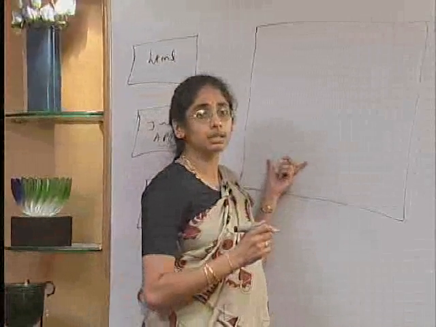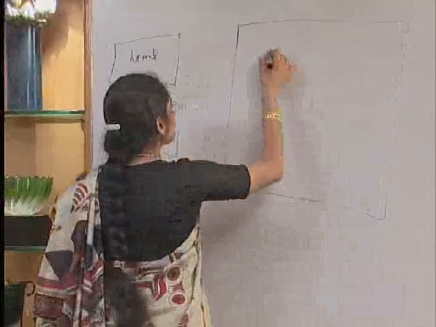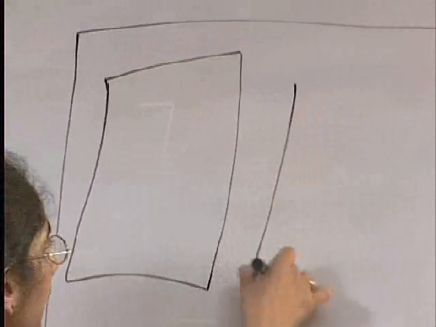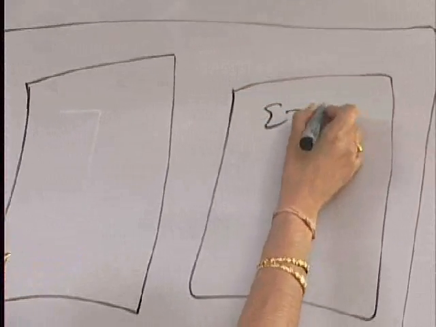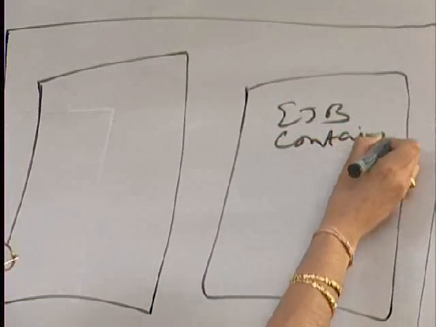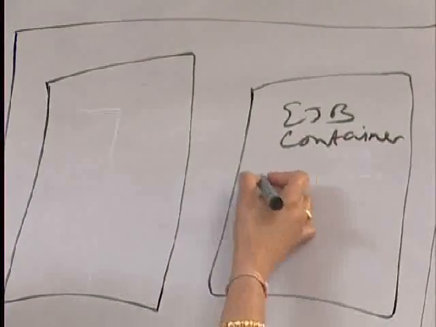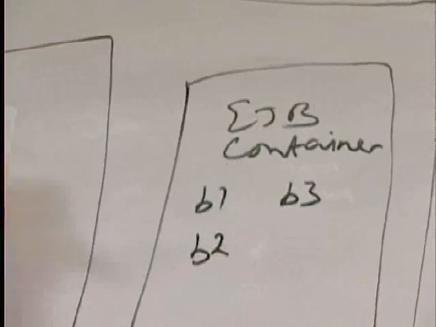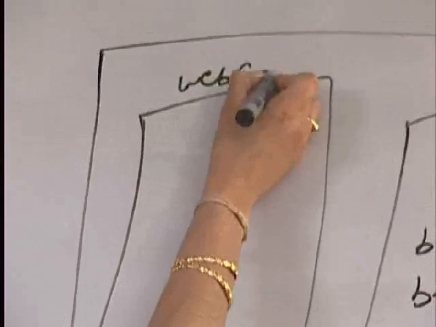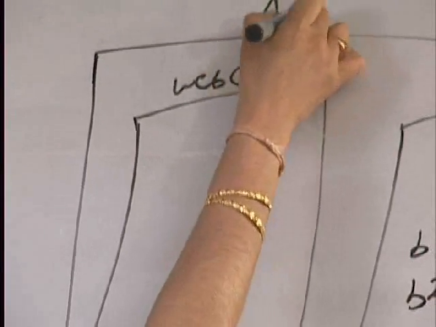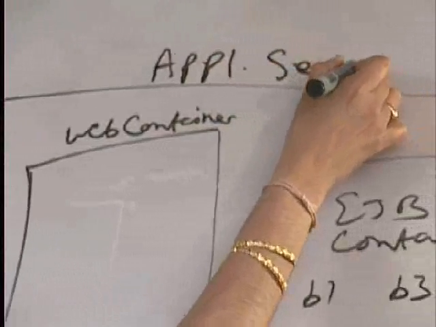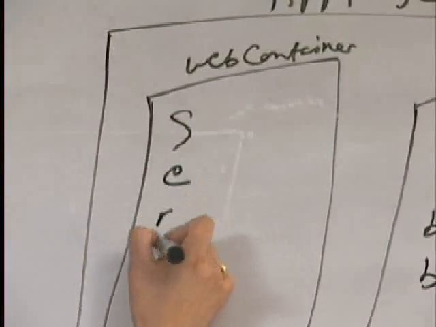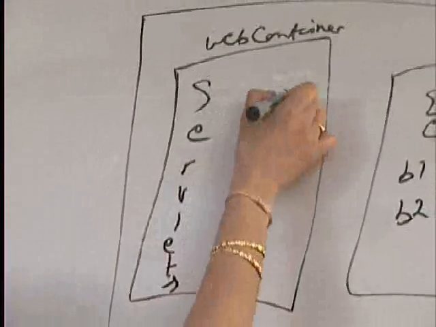We have this server, the application server, which consists of a web container and an EJB container. It is in the EJB container where the beans are available or deployed. This is the web container. And this is the application server. The web container will consist of your servlets and JSP.